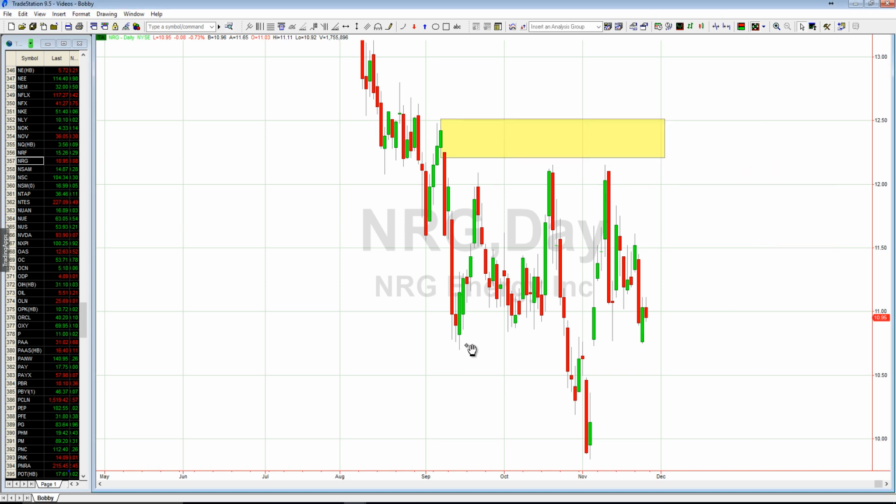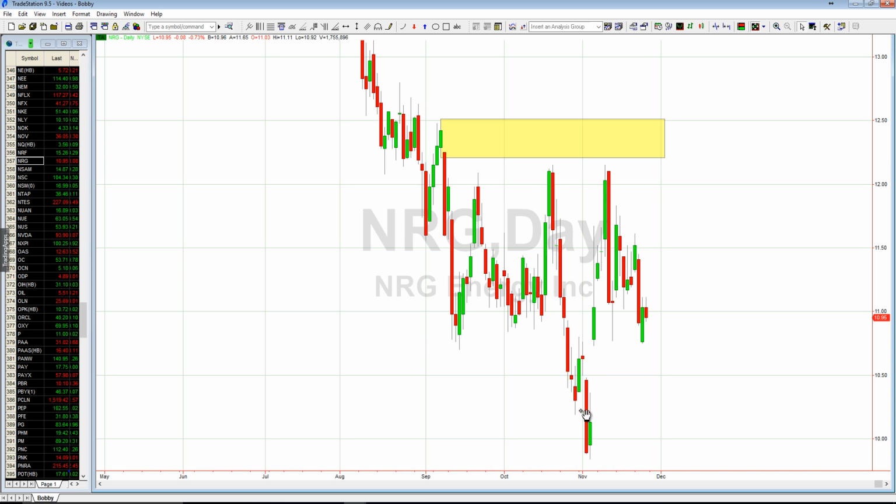Okay, but price came up in this area right here, didn't quite get to the zone, but it came down off of it, came up again, came down off of it. Now this one we would probably go ahead and plot because price broke through our bottom demand down here.